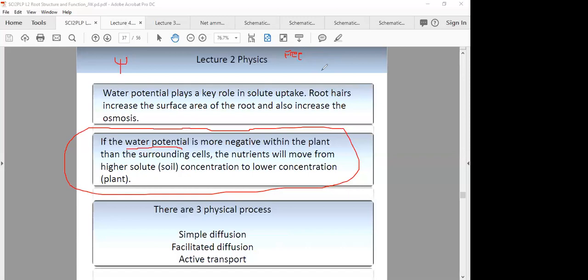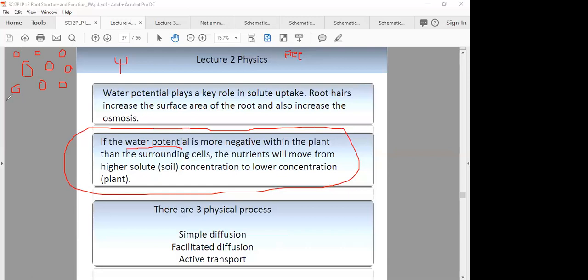Which one would have more? The pure. If you've got pure water molecules, and I'll just draw them as circles, then their potential to do work, that is their potential to move, because all molecules have intrinsic thermal motion, is completely unimpeded by any solutes.